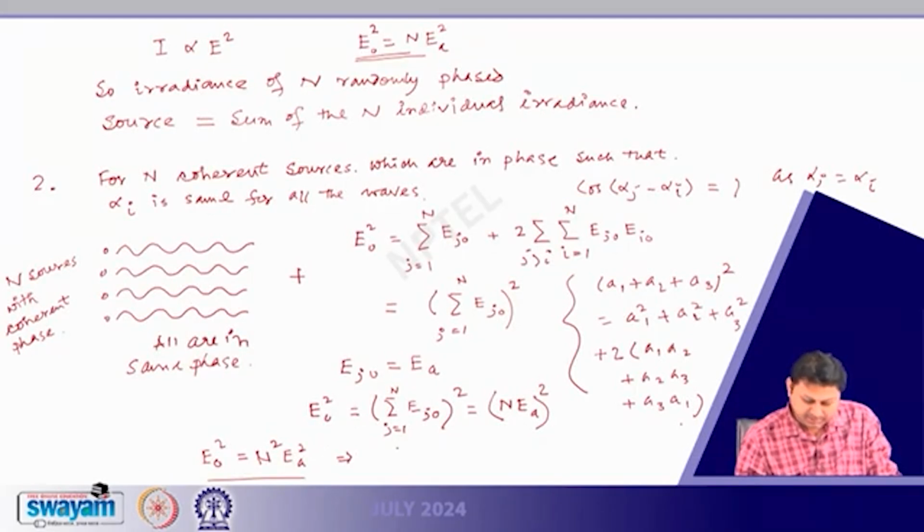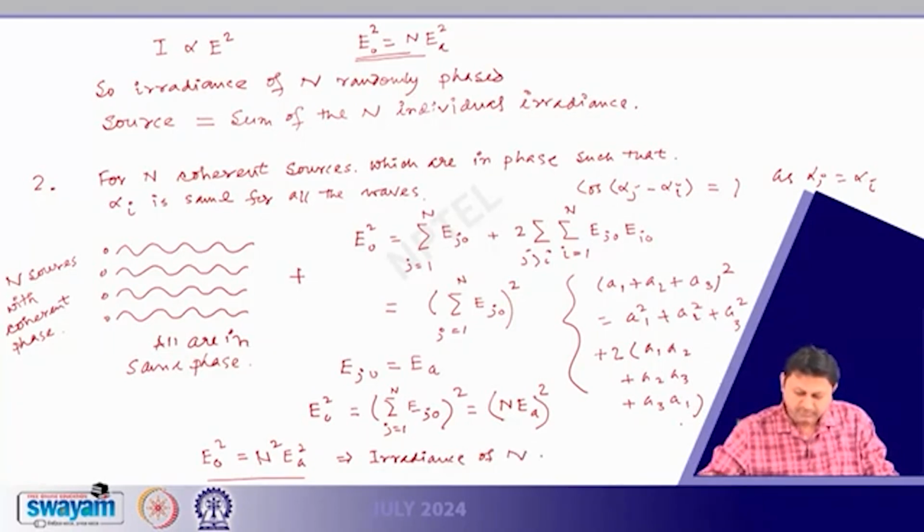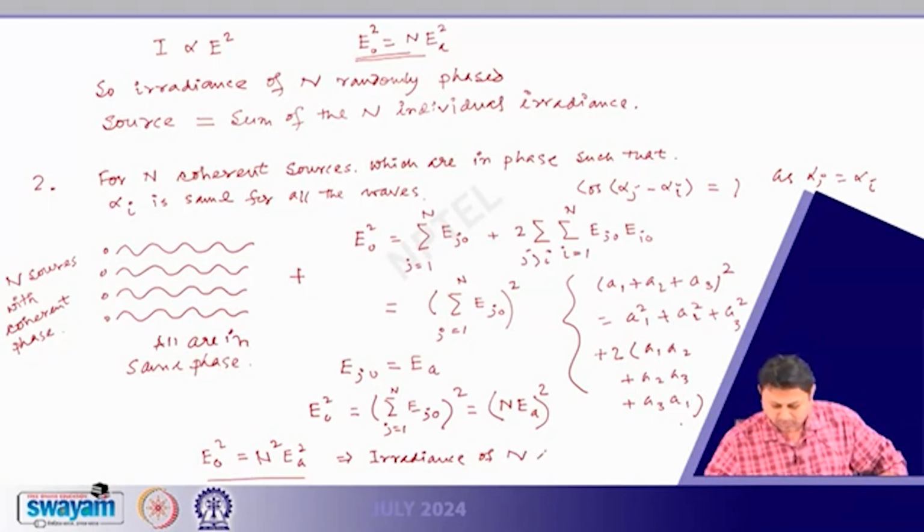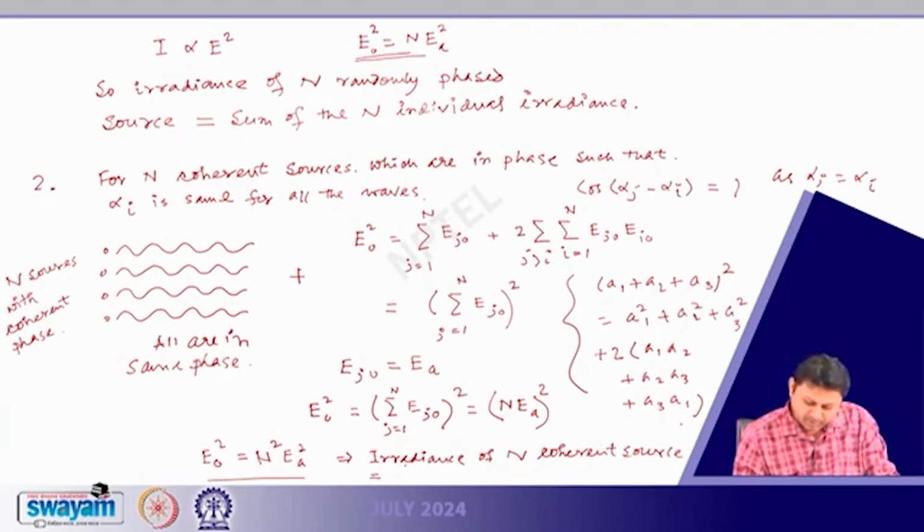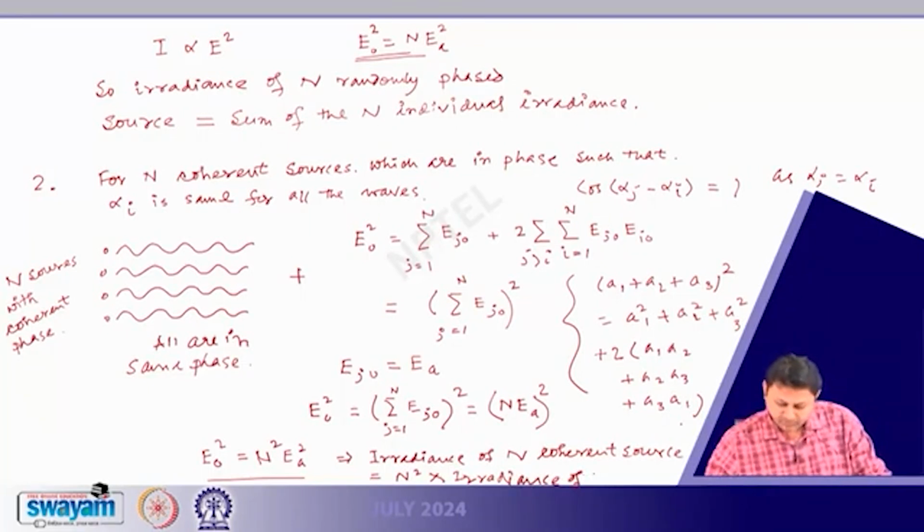The meaning is that the irradiance of coherent sources is equal to n square multiplied by the irradiance of a single source.